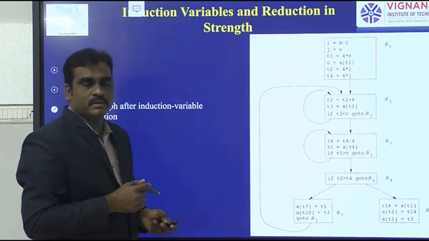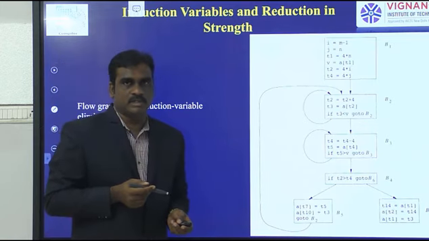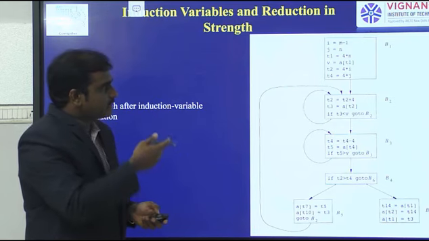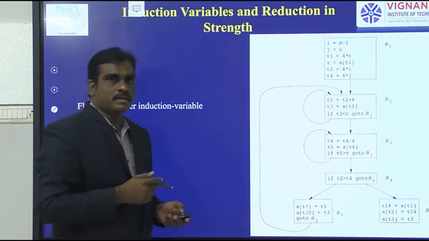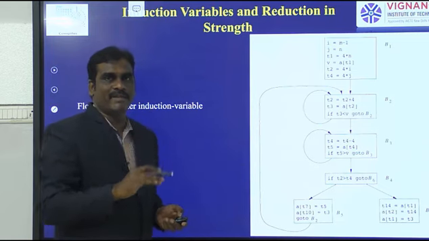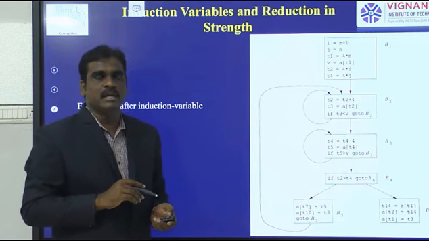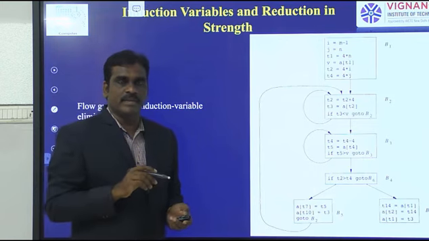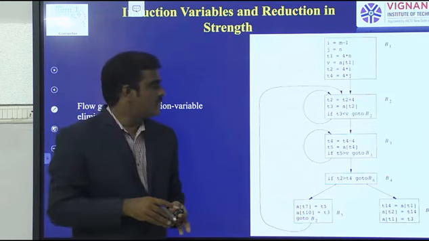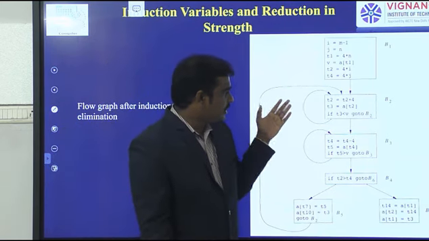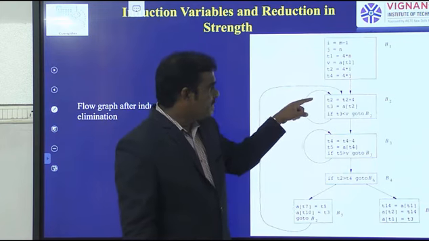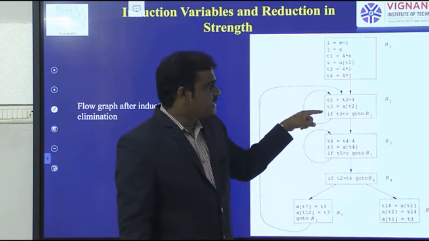If you observe the flow graph and perform code motion, in this flow graph there is no loop invariant statement, because loop invariant computation means the statement doesn't depend on the loop. Whereas in this case, if you take the loops B2, B3, B5, B2, there are a total of 3 statements.